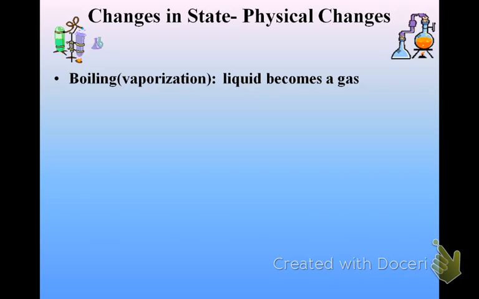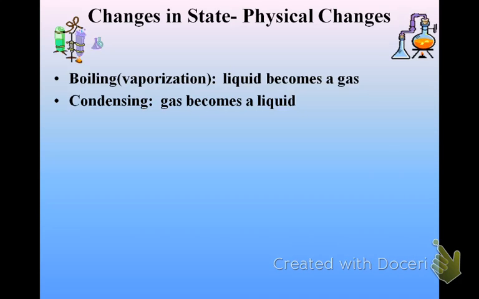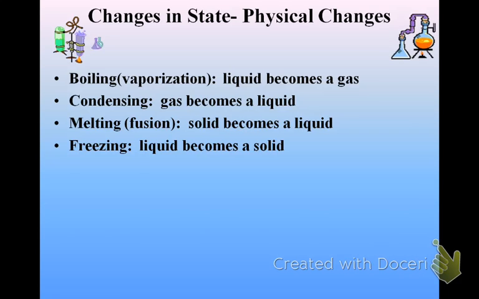Another objective here. Changes in state are called physical changes. They're reversible. You're not changing the compound itself. Boiling and condensing are the opposite of each other around the boiling point. Melting and freezing, depending on which direction you're going, are the opposite of one another around the freezing point.